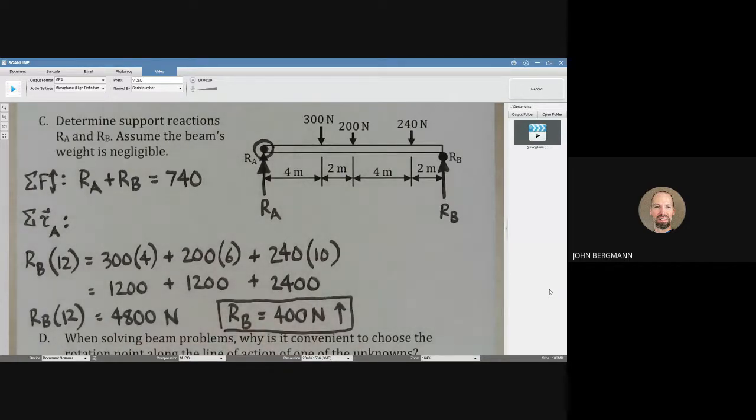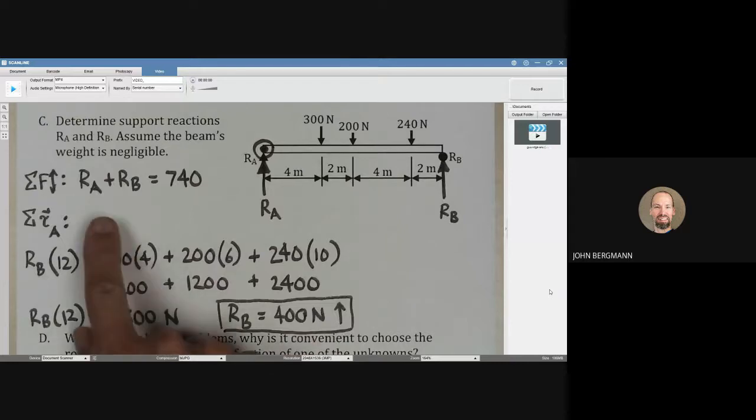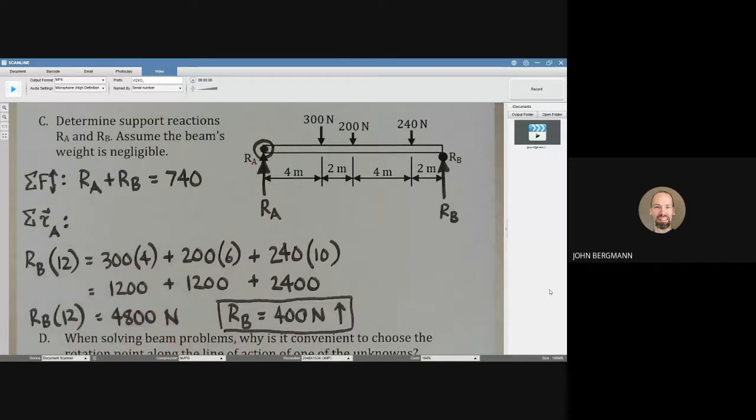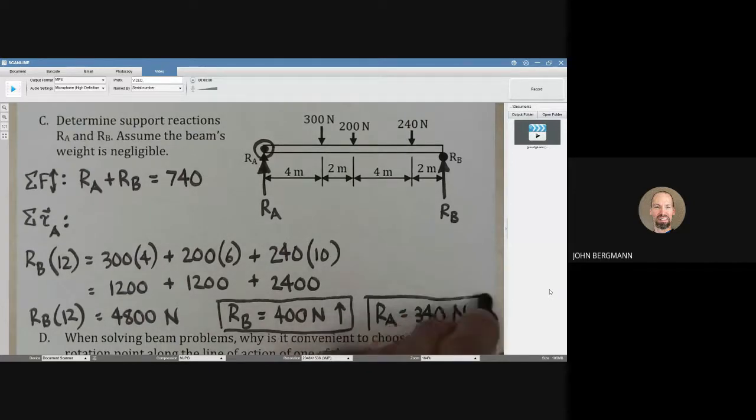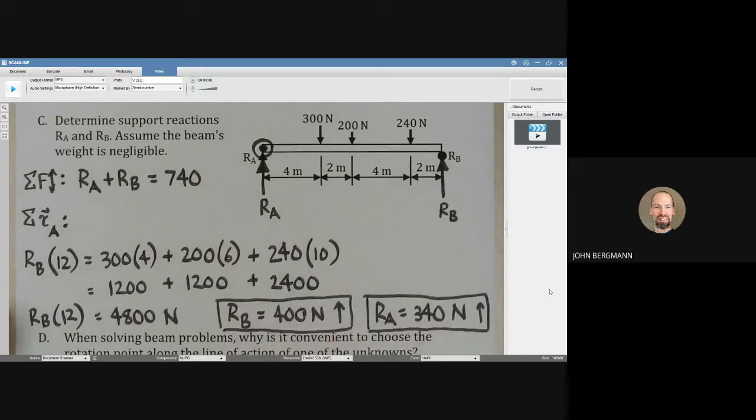What about RA then? Well, now we use our first equation, and we say, if RB is 400, then RA must be 340 newtons. And since that came out positive, that also acts in the direction that we guessed, which was upward.